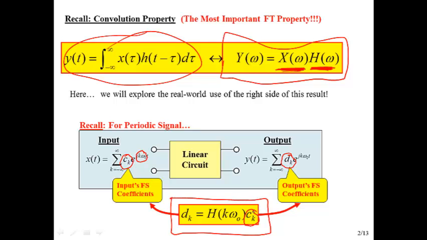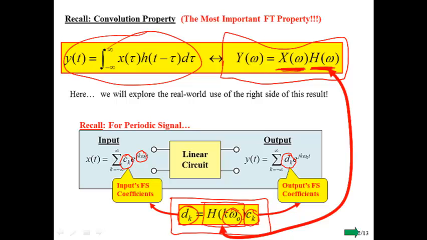C sub k, again, input phasor, so to speak. H evaluated at the frequency where that phasor lives tells us how it gets modified to become the output signal's phasor at that frequency. So that's for Fourier series. But notice that this structure is identical to what we're seeing up here.